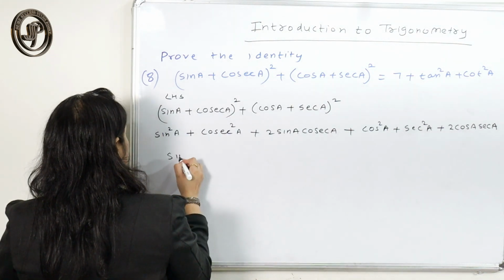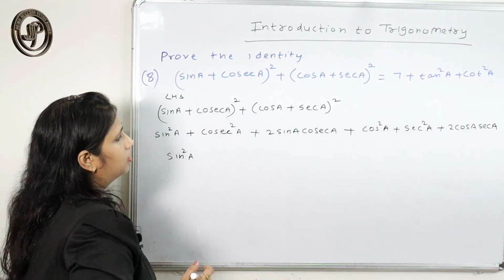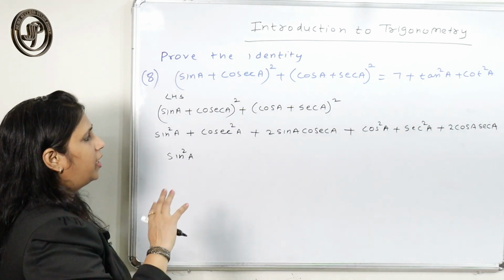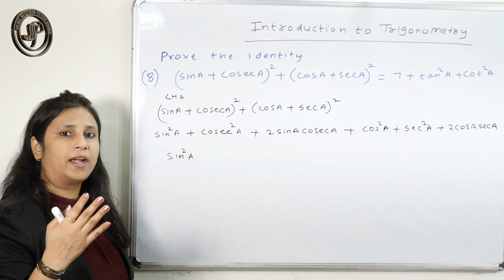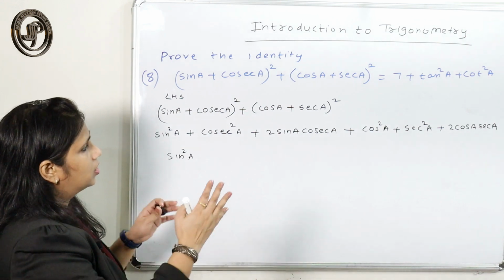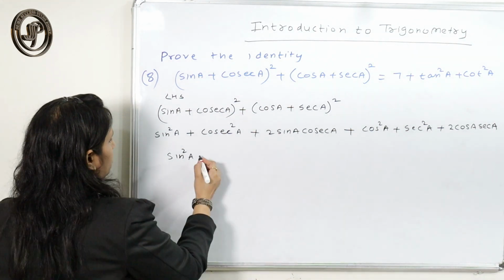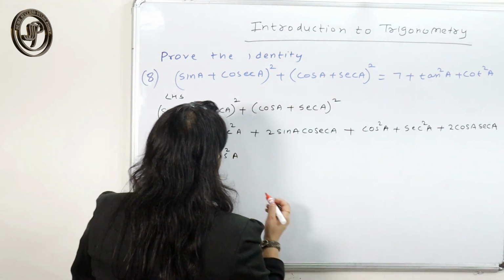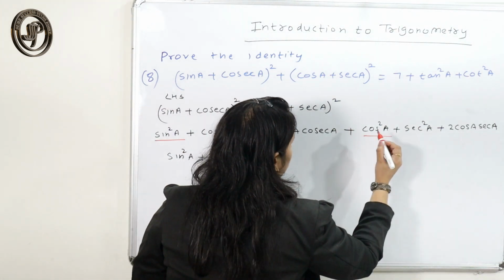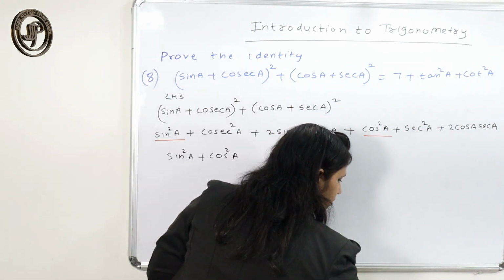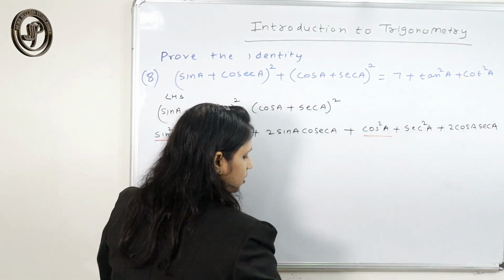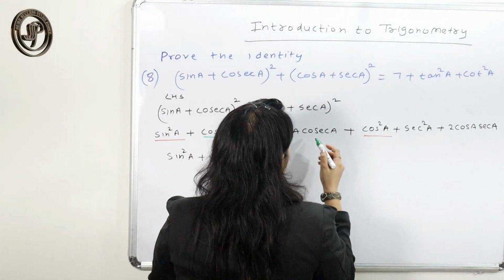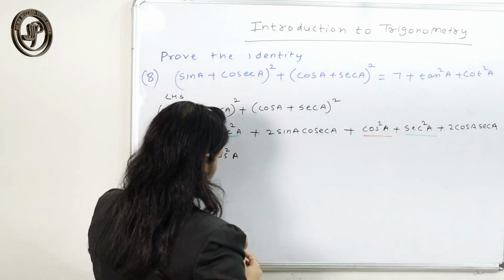Now, take all the terms which you can take together that become the form of an identity. So I am taking this sin square A and this cos square A together, and this cosec square A and this sec square A together.